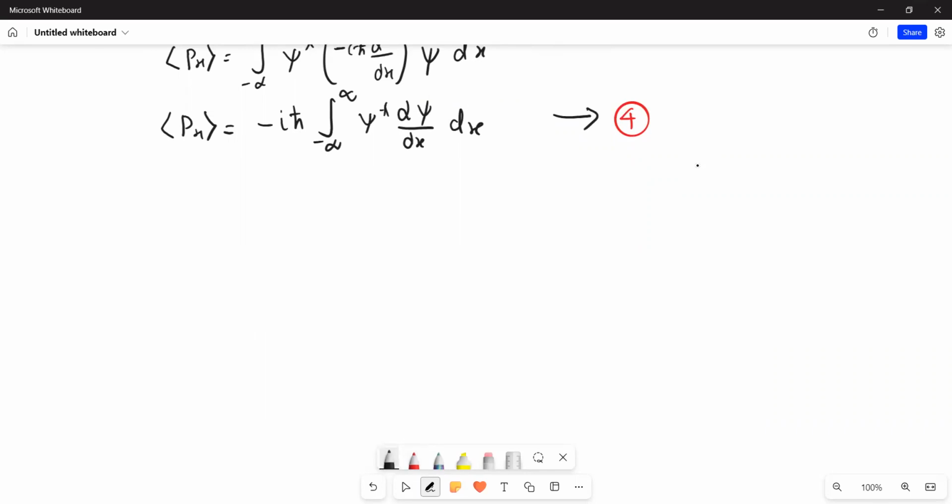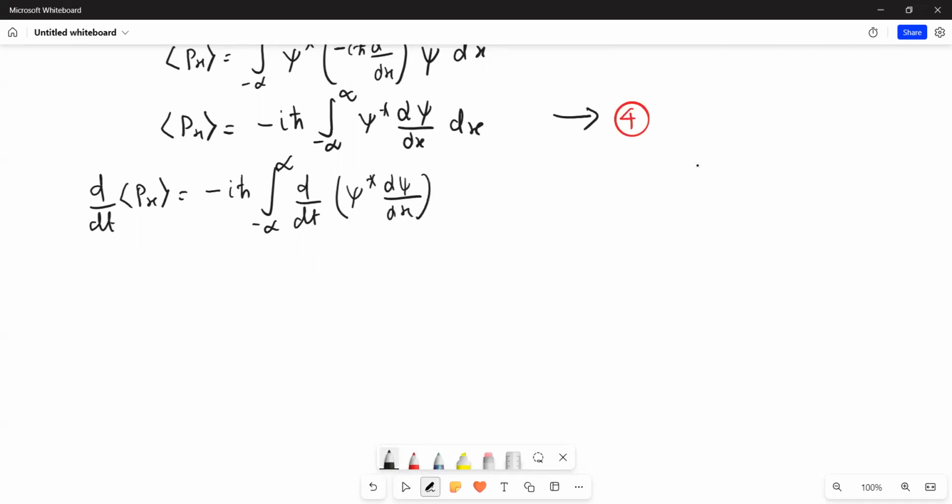So d by dt of the expectation value of px, right, that is nothing but minus i h cross, integral over minus infinity to plus infinity, d by dt of the bracket psi star dou psi by dou x, into dx. Again, just a simplification.